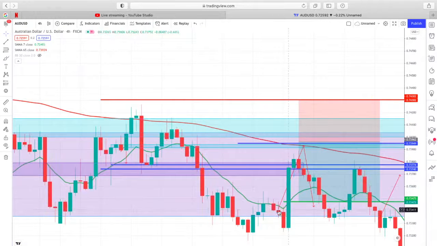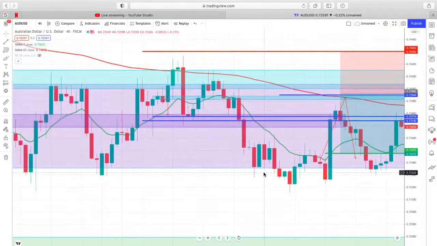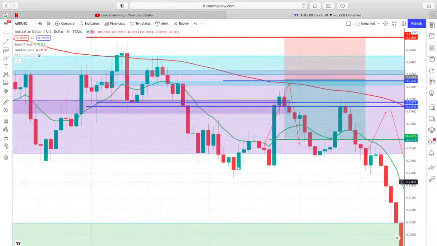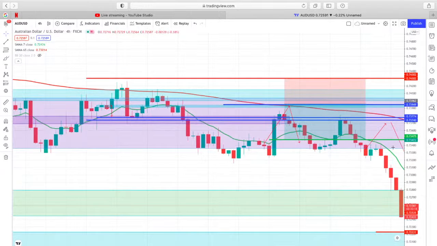I'm mad my mouse is not really working out like that. Oh, I can't even zoom in. Hold on, let me switch over to my other mouse real quick. My fault, you guys.